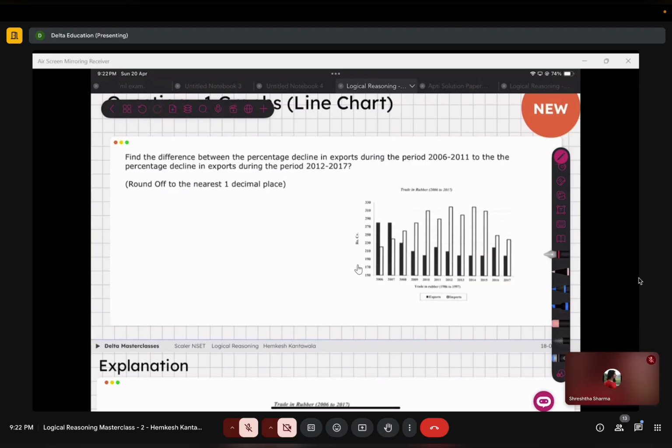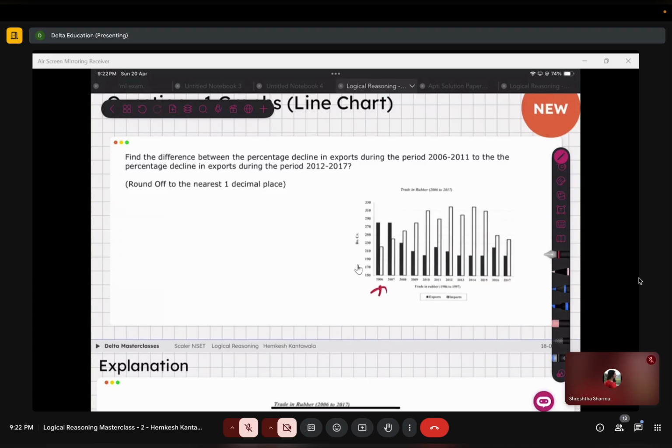The question is asking us to find the difference between the percentage decline in exports during 2006 to 2011 and the percentage decline in exports during 2012 to 2017.